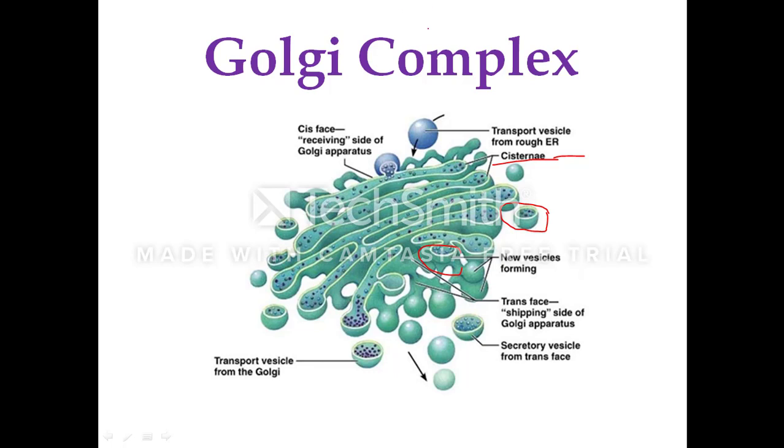Each cisternae is bounded by a smooth unit membrane having a lumen varying in width from about 500 to 1000 nanometers. So the width of the cisternae varies. The margins of each cisternae are gently curved.